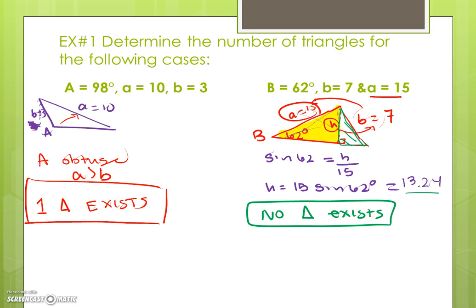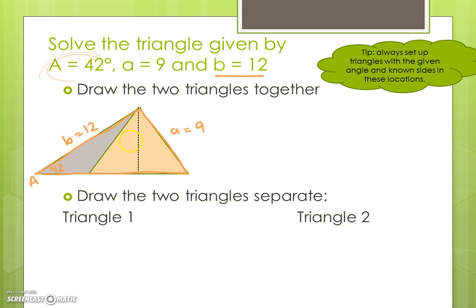Oops, excuse me. In order to determine the number of possible triangles, we're going to have to see what H is, and we're going to compare the height to the other two sides when our A is acute. So in order to find the height, we're going to look at the right triangle given. And the right triangle given is this one.